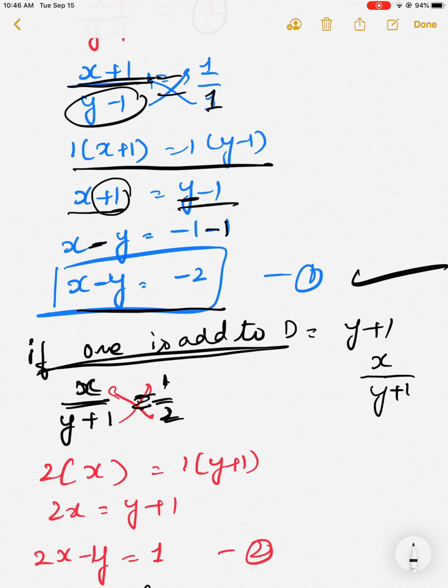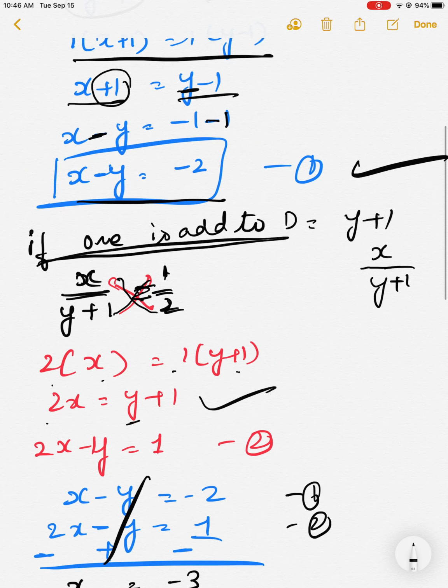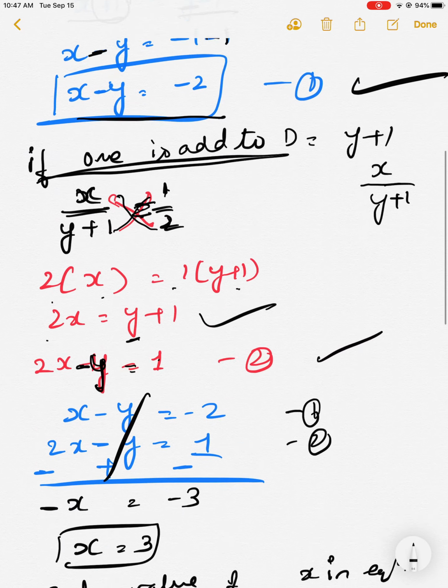Here the numerator is as it is and 1 is added to the denominator. Then the fraction becomes 1 upon 2. So here also cross multiplication: 2 into x is equal to 1 into y plus 1, 2x is equal to y plus 1. Now this plus 1 we will be taking to the other side, minus 1, and y we will be taking to this side, minus y. So 2x minus y is equal to 1. This is the second equation.